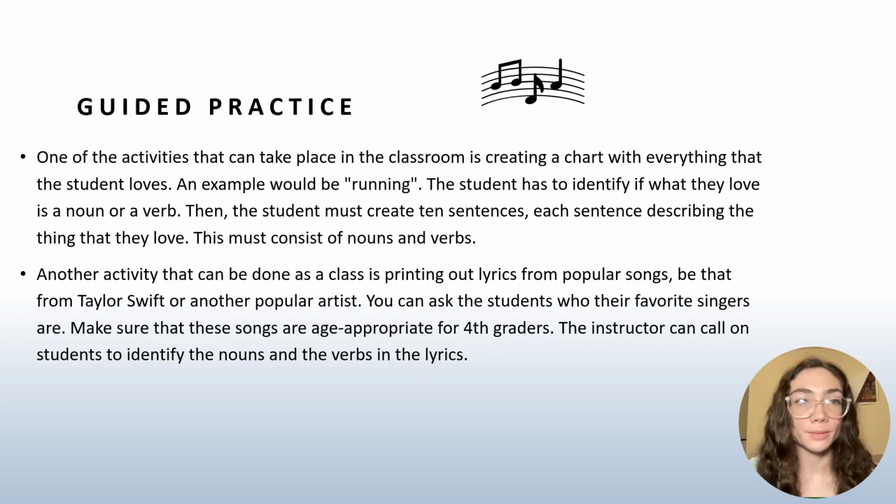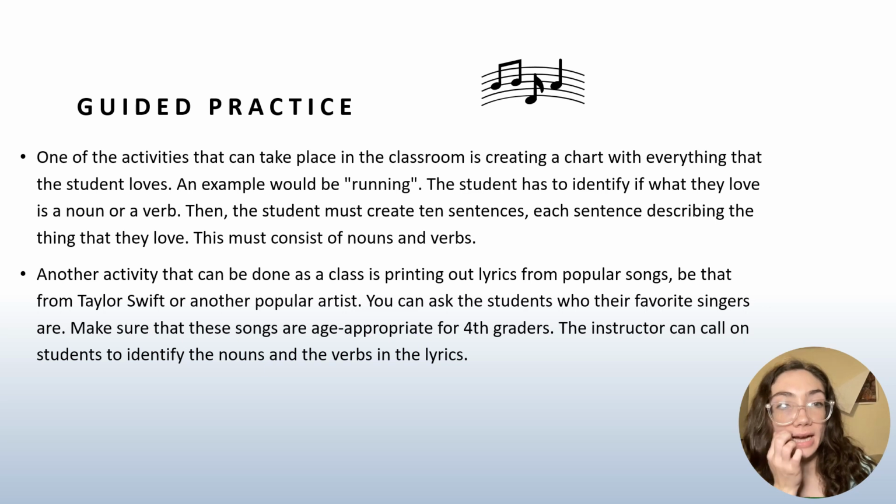So for guided practice, one of the activities that could take place in the classroom is creating a chart with everything that the student loves. So an example would be running, and then the student has to identify if what they love is a noun or a verb. So they could put dogs, cats, food.